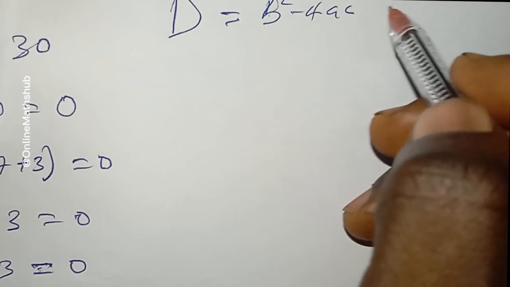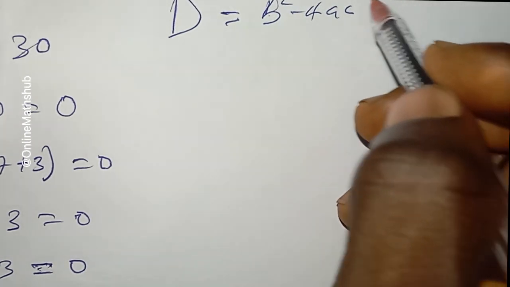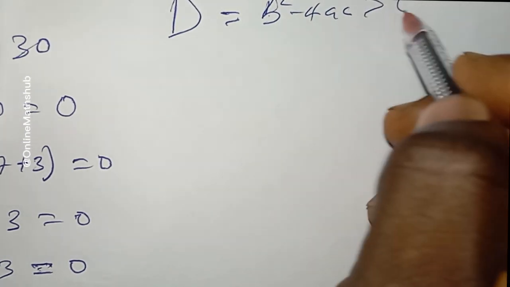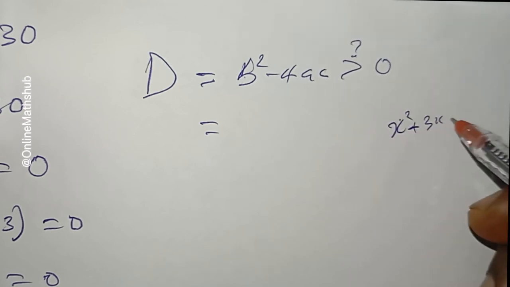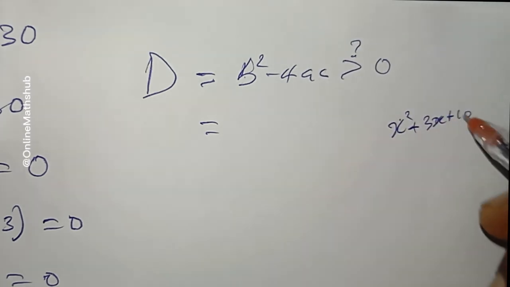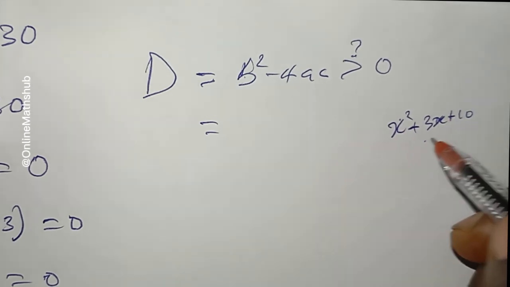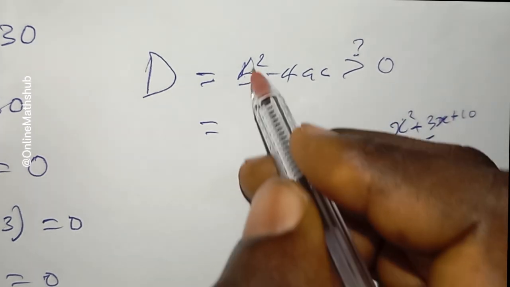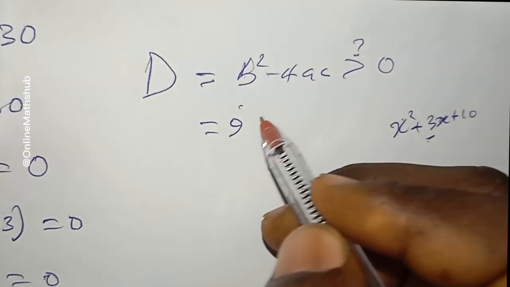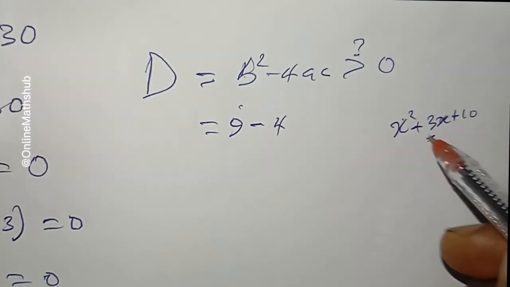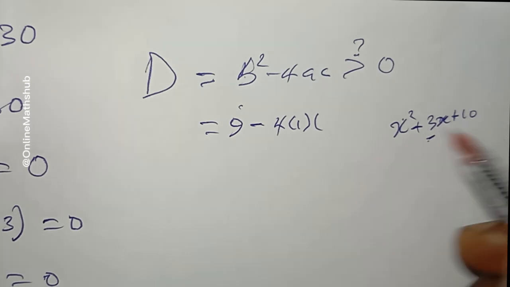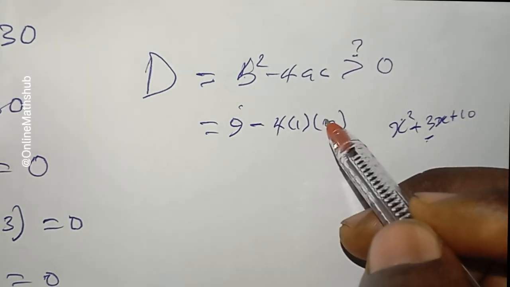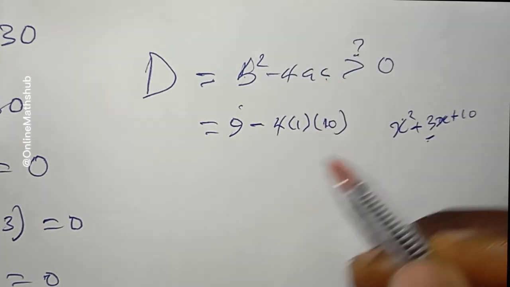We want to find out whether this is going to be greater than 0. For x squared plus 3x plus 10, you can see here that b is equal to 3, so we have 3 squared, which is equal to 9, minus 4 times a, which is 1, times 10, which is our c right here.